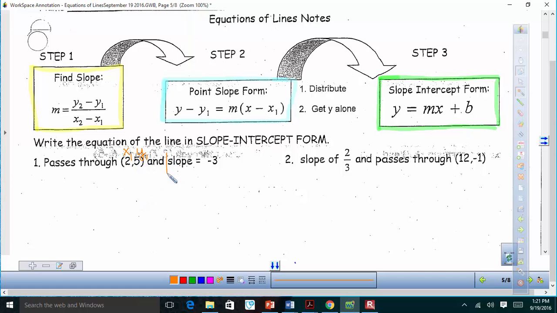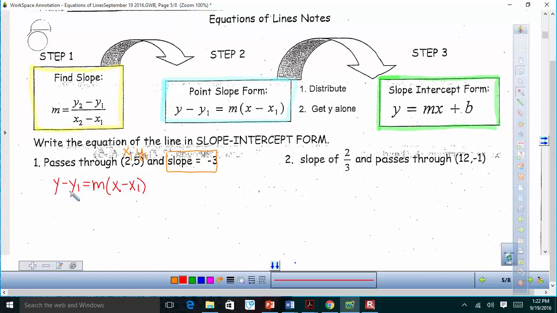Okay? And then they nicely gave me the slope, so I don't have to find it, I just have to plug it in. So I'm given a point and the slope, so I'll plug it into point slope form. Okay? So I'm going to take the equation y minus y1 equals m times x minus x1.